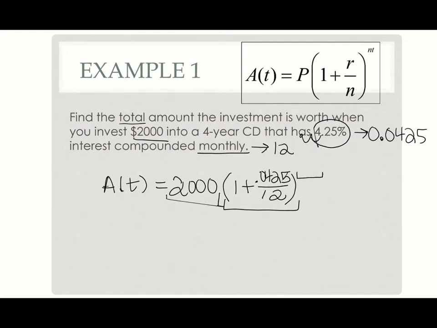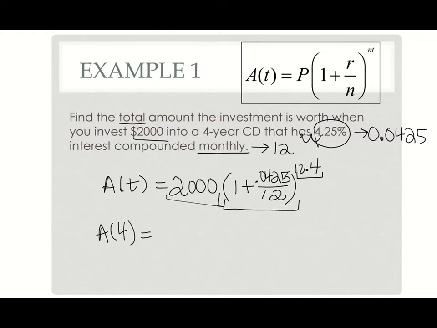Our time is over 4 years, but over those 4 years, that interest is being applied 12 times. So 12 times each year. So we just want to take this now to find our final or total value and plug it into our calculator. So this is going to be our amount after 4 years.